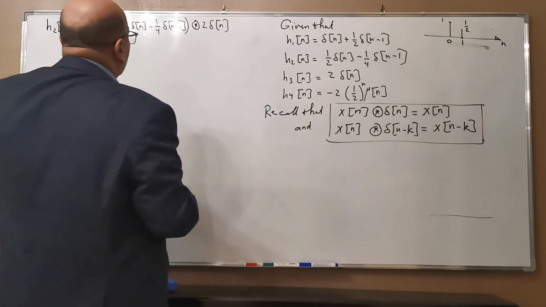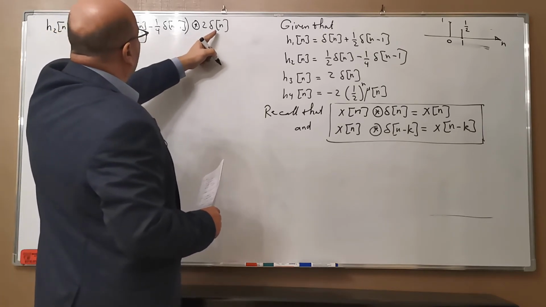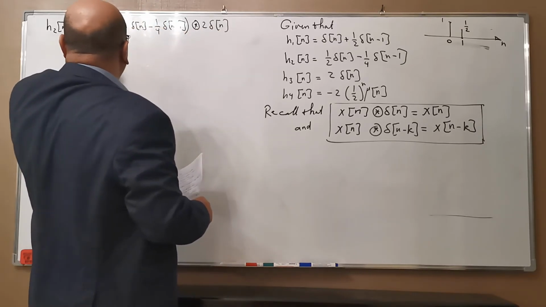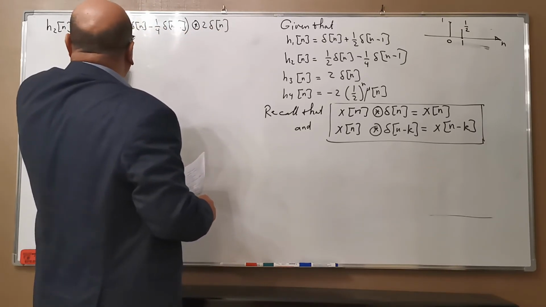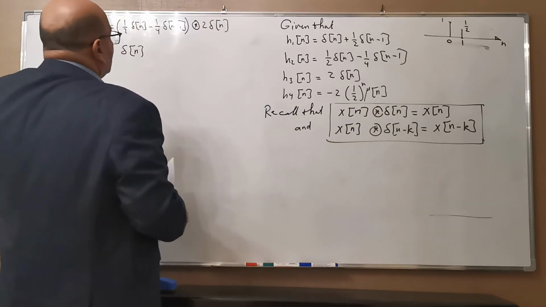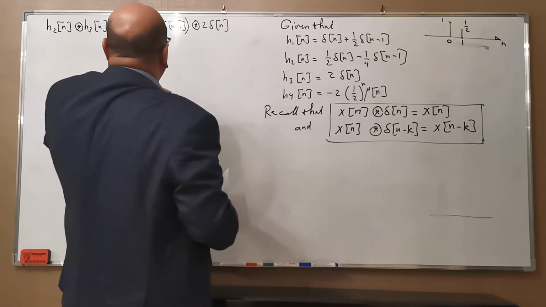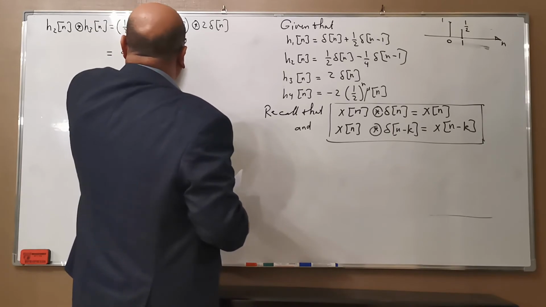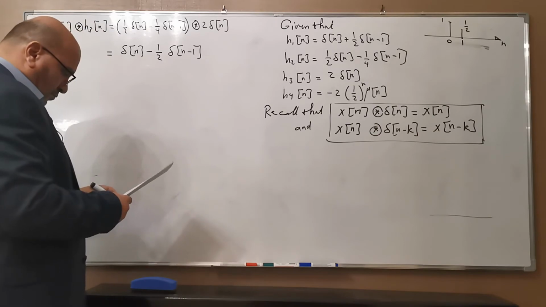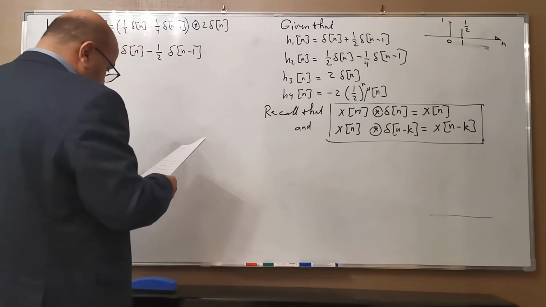We assume this one is x and this is a delta, so 2 times 1/2 is 1 delta of n, the function x where the delta is, and the second one is 2 times 1/4, which is 1/2, minus 1/2, and it should be delta of n minus 1. So this is delta of n minus 1/2 delta of n minus 1.